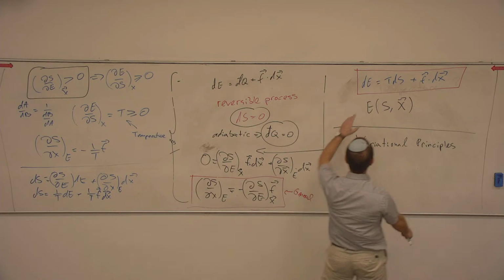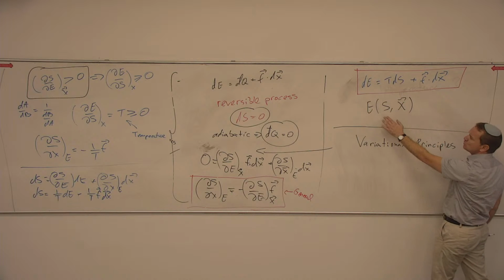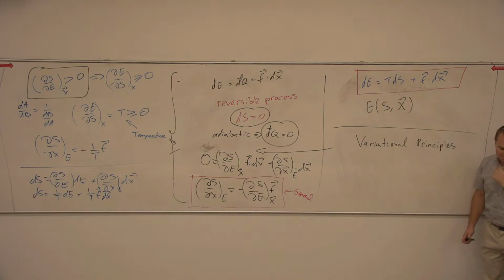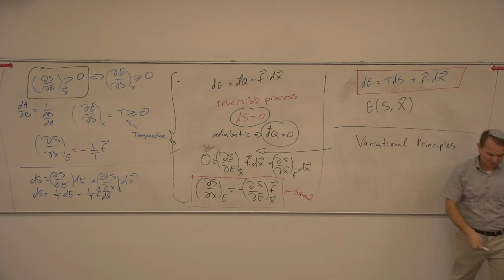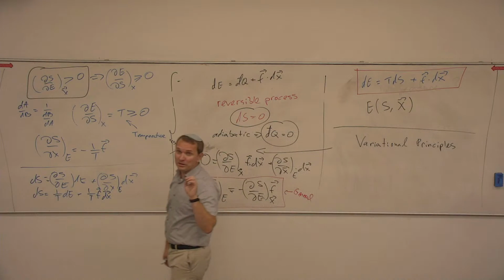It's nice to have this equation. It's nice to have a relation to heat. It's nice to say what the variables are that define energy. But this is a little bit nonsense because I don't really know what S is, so I don't want to play with S, but we'll see it later. Still, we haven't defined how to find the equilibrium state.